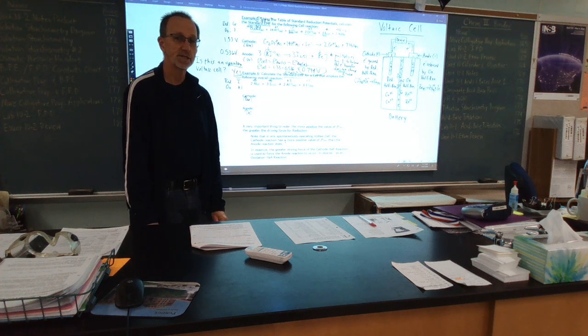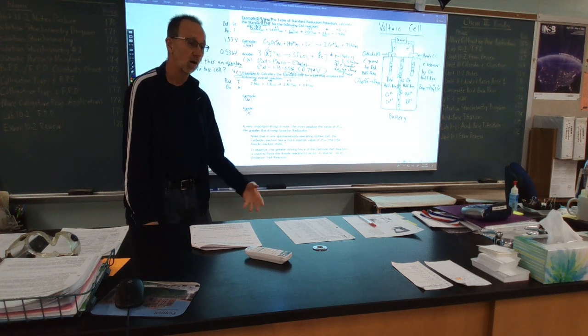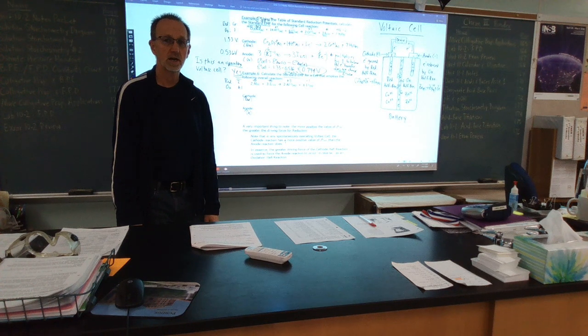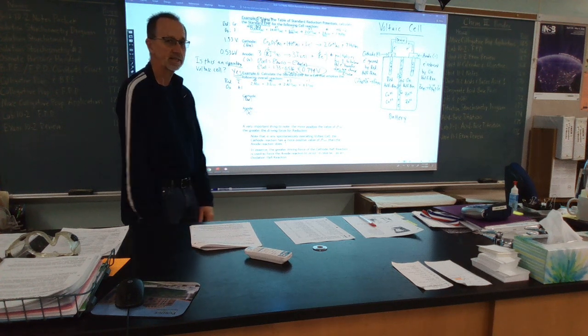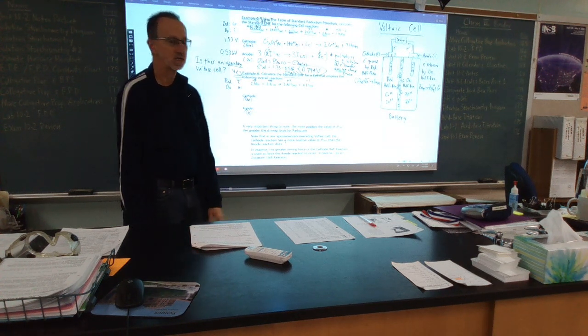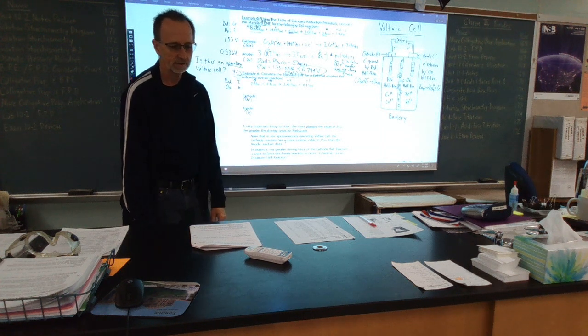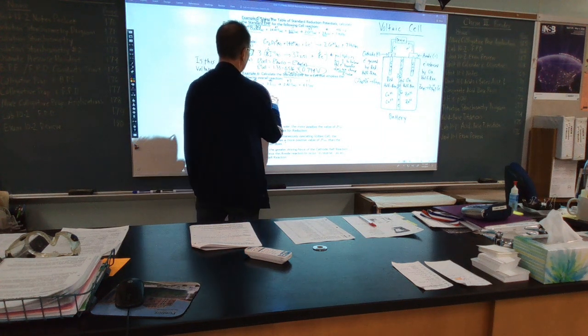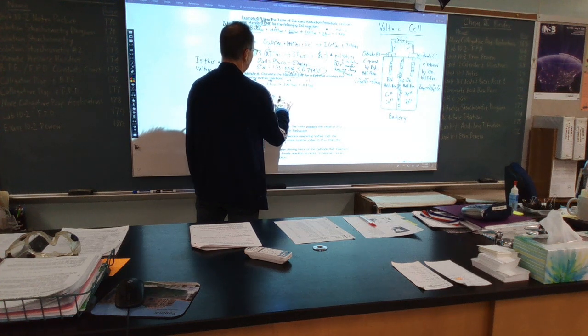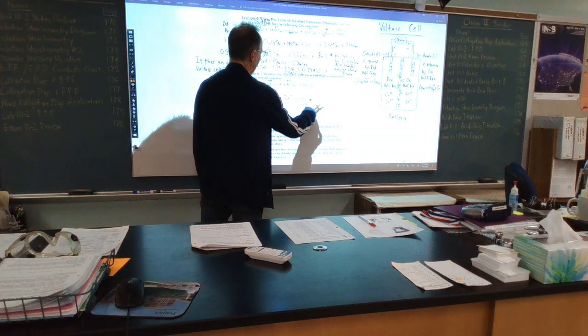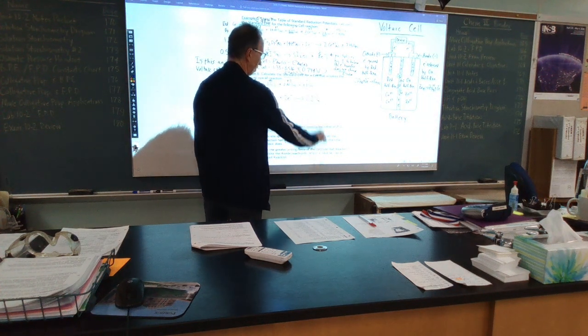Here we're actually going to use it as a reduction half reaction. So when we look that one up on the chart, it's going to look exactly the way it does on the chart, which is I₂ solid plus 2 electrons going to 2I⁻ (aq).